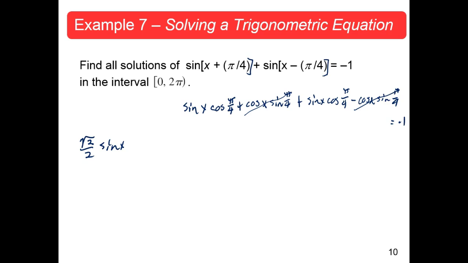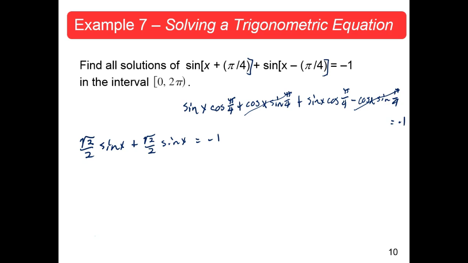They add to 0, so I don't have to evaluate there. I'm lazy. Okay, so then we got plus cosine pi fourths, which is again root 2 over 2 times sine x. And we have this equal negative 1. Okay, that fit on there a lot better, didn't it?